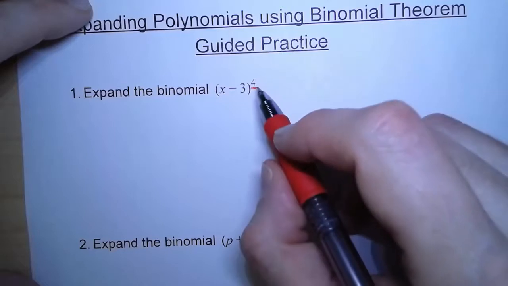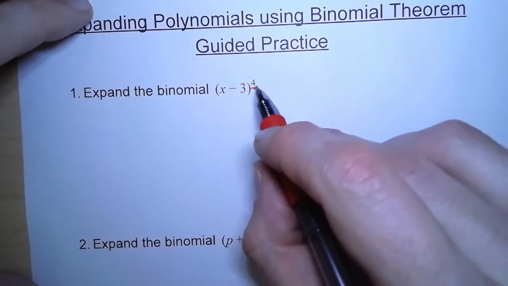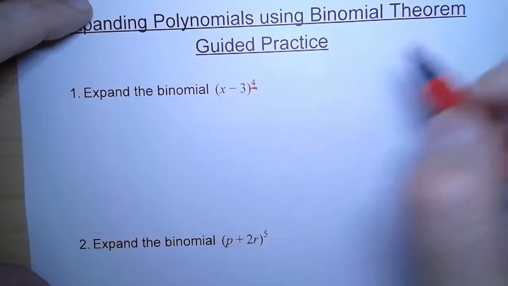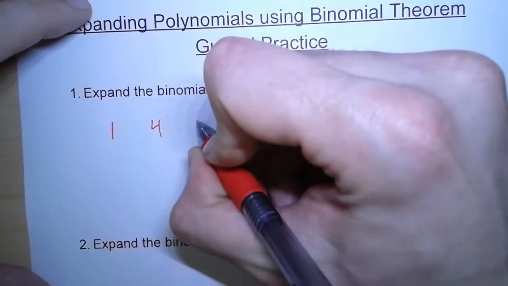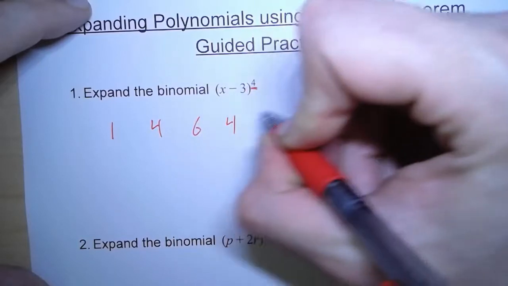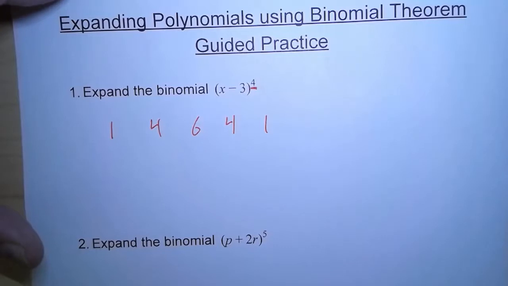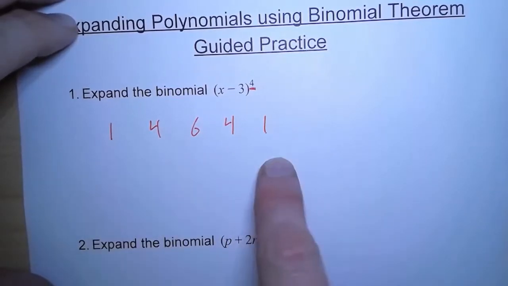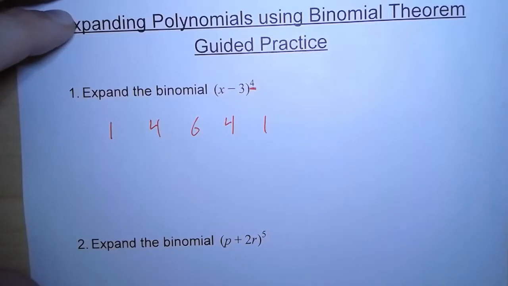Referring back to the previous video, when we expanded a plus b to the fourth, the coefficients were 1, 4, 6, 4, 1. If you didn't see that video, you want to go watch that one first so that you can see how we came up with these numbers, because we're going to be referring to them quite a bit.